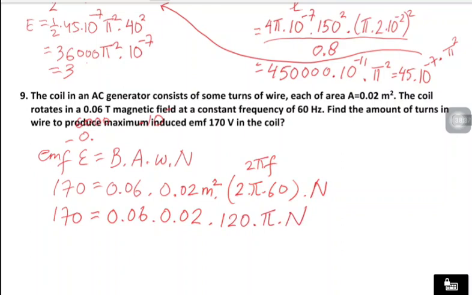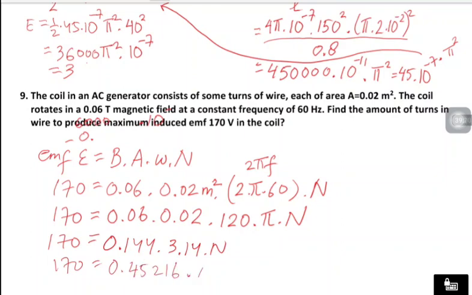So if we calculate this, 170 equals 0.06 times 0.02 times 120, we get 0.144 pi, 3.14 times N, and we get the value of this: 170 equals 0.45216 times N. And if we find this value, we will get 170 divided by 0.45216.